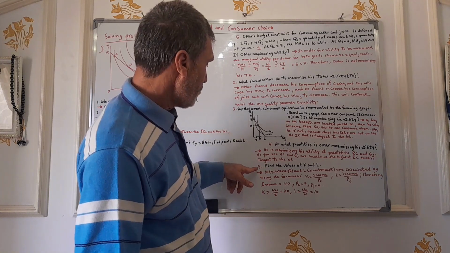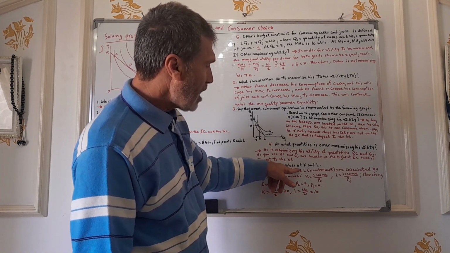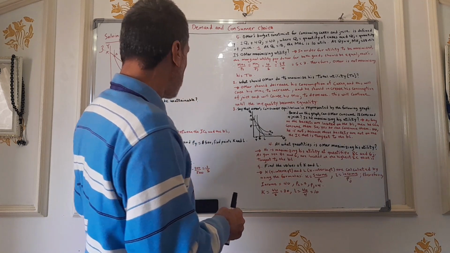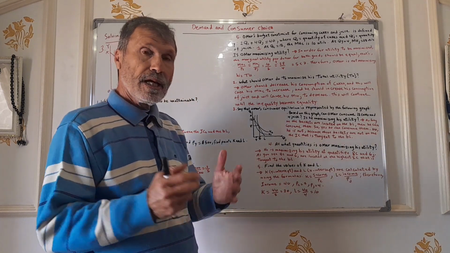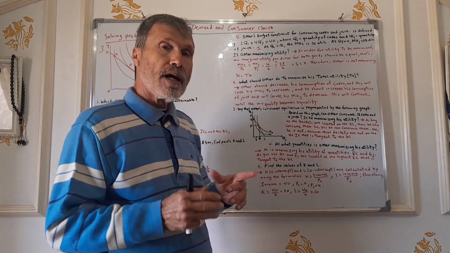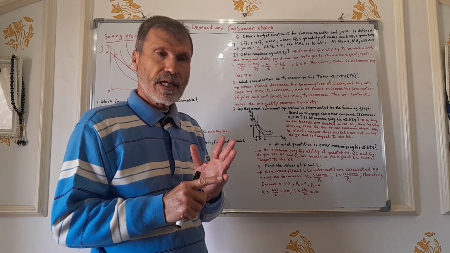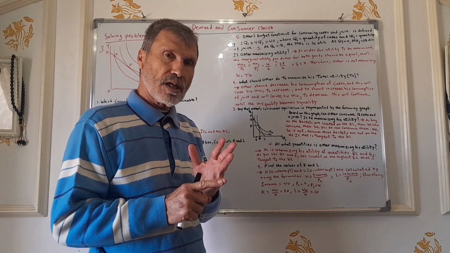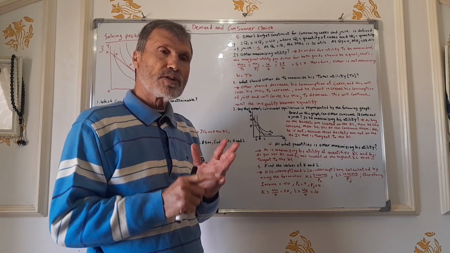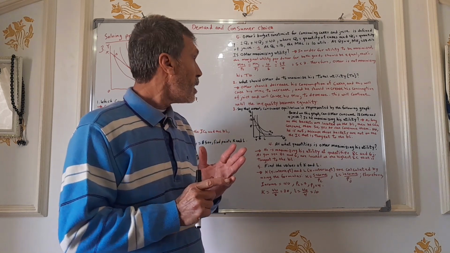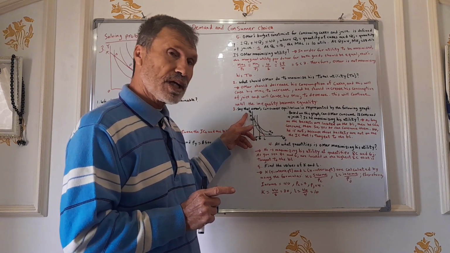Now, 5, find the values of K and L. Of course, as we stated in this question 3, K and L are calculated by using formulas. K, which is the y-intercept, is calculated by income over the price of cakes, which is along the vertical axis.